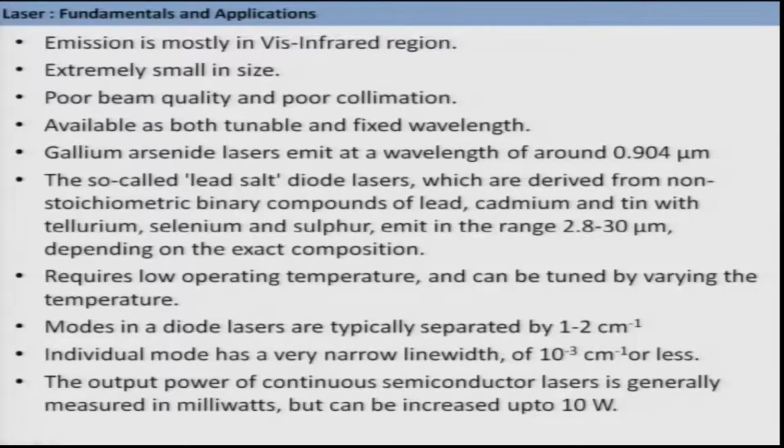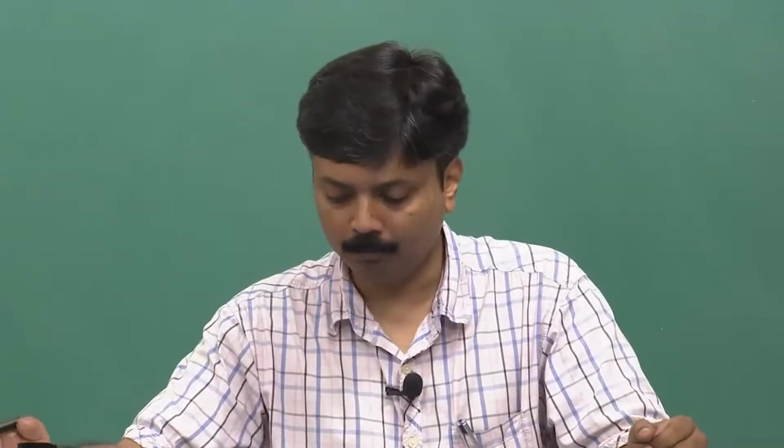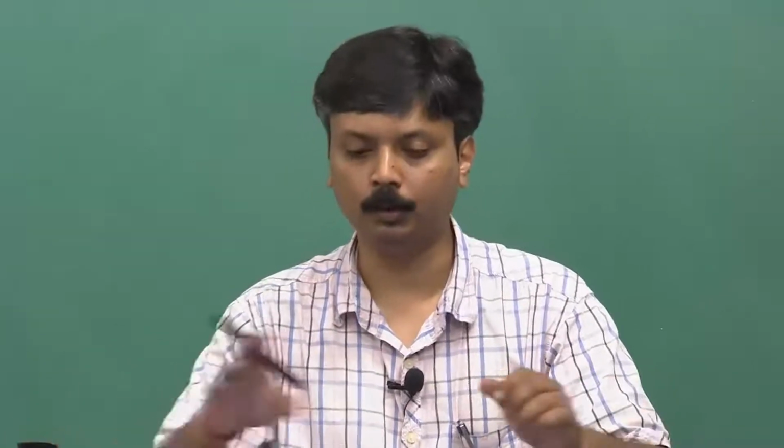Another thing to know is the output power of continuous semiconductor lasers is approximately a few milliwatts, but a properly designed semiconductor laser can have a very high amount of power, say up to 10 watt or so.